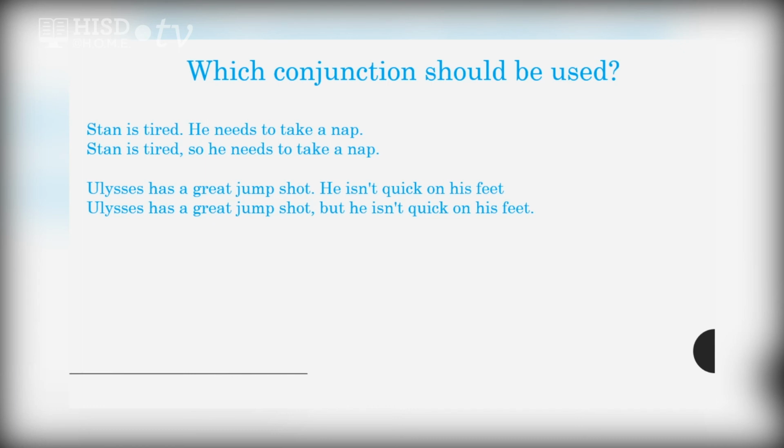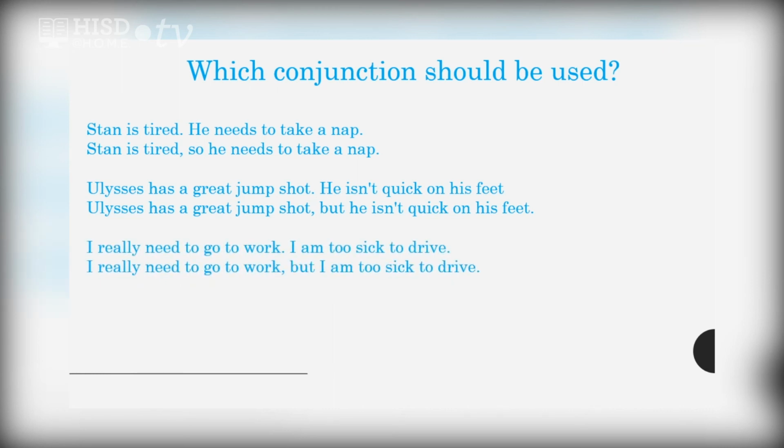Adding the comma and the conjunction but, we combine those two simple sentences to make one compound sentence. I really need to go to work, but I am too sick to drive. We combined these two simple sentences with our comma and our conjunction but to make a compound sentence.